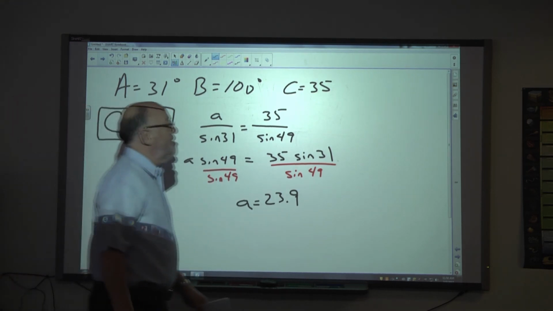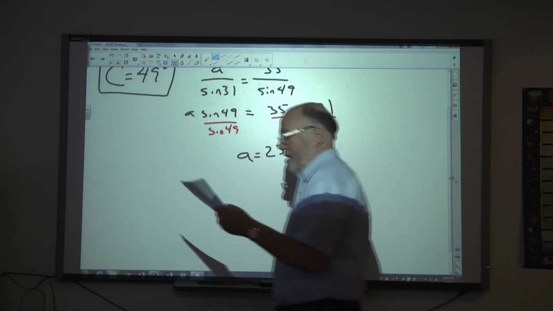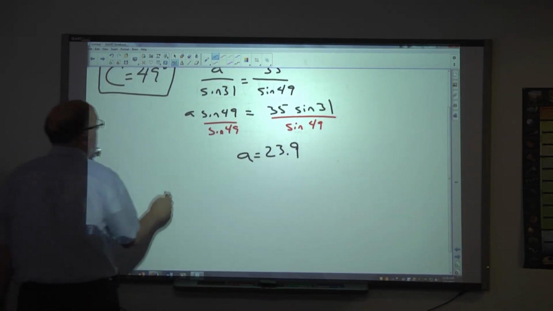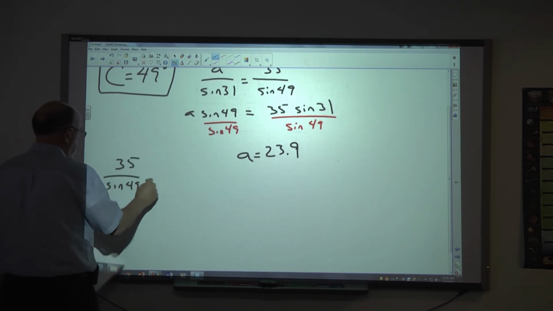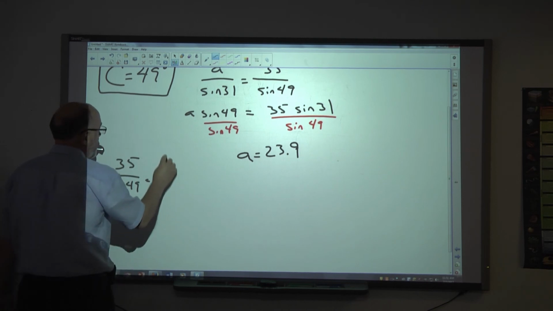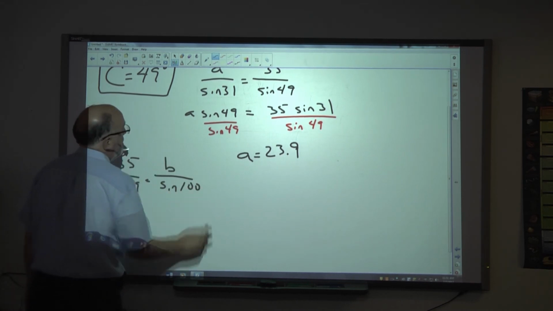Then we can use law of sines again to find our other side. We have 35 over the sine of 49 equals b over the sine of 100.